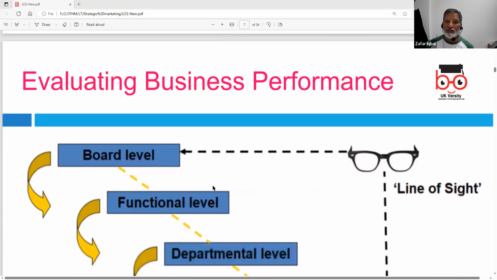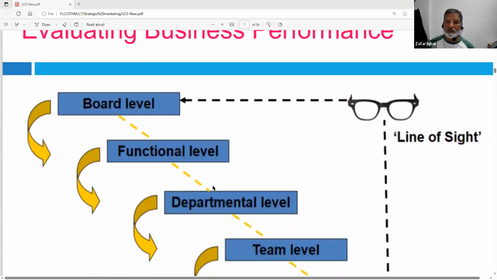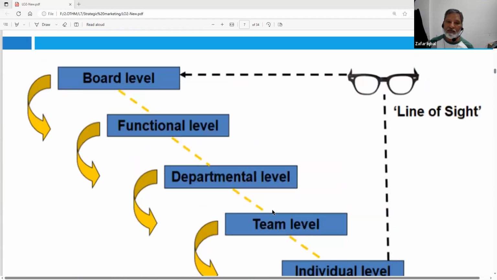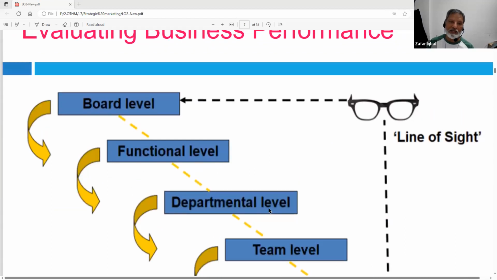Okay, evaluating performance depends on, for example, once you set your individual level targets, they are fed back into the team level, then the team levels feed back into the departmental level, the departmental level feeds their target into the functional level, then they go into the board level, and then the board level is reviewing all these targets.